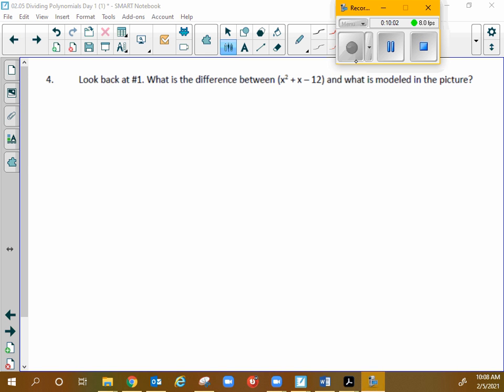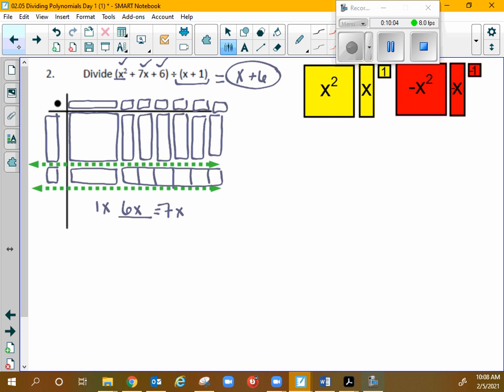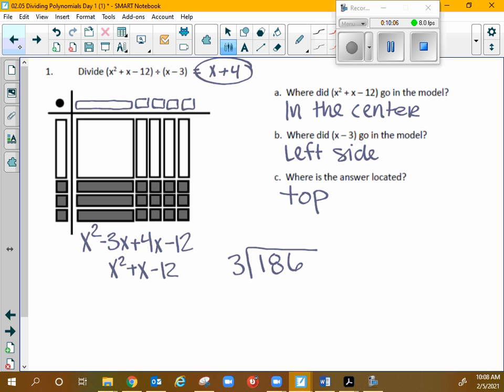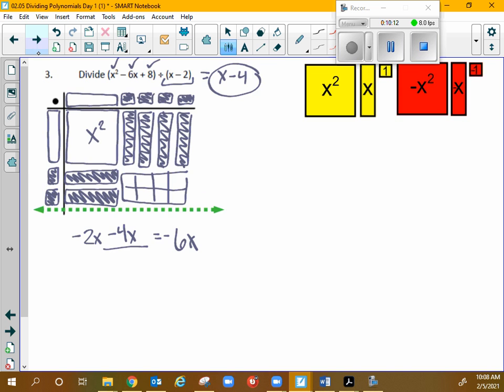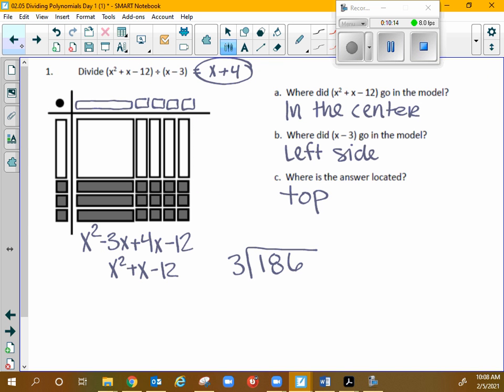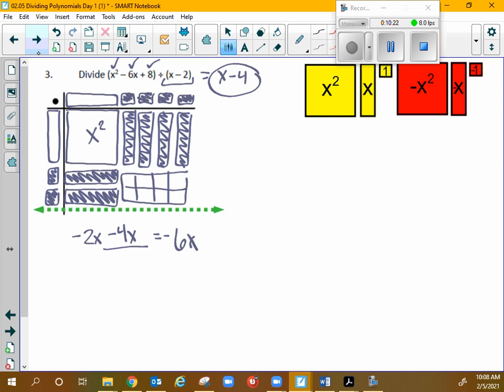The two that we just did together. How is that different than the picture that we had on the first? Okay, I have exactly x squared minus 6x plus 8.